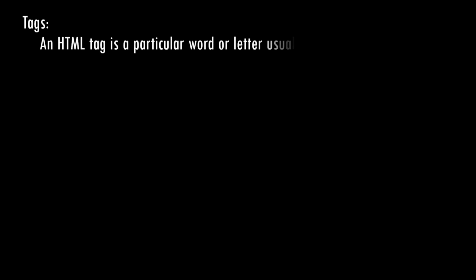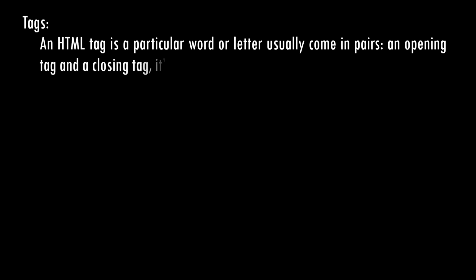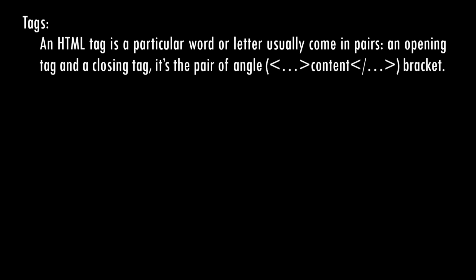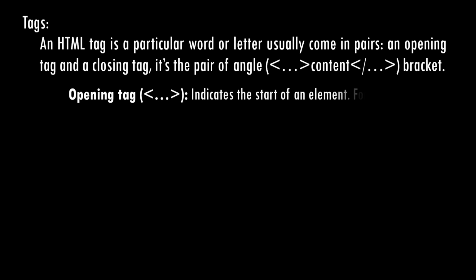tags. An HTML tag is a particular word or letter, usually coming in pairs, an opening tag and a closing tag. It is a pair of angle brackets. The opening tag indicates the start of an element. For example, the p tag.